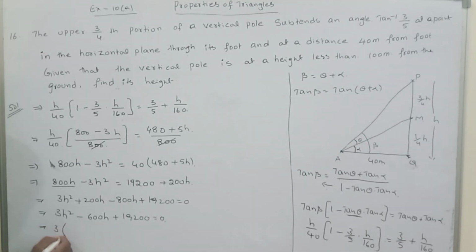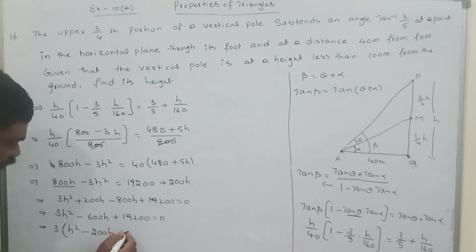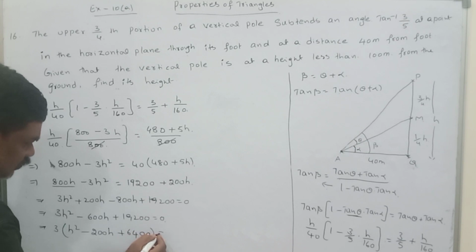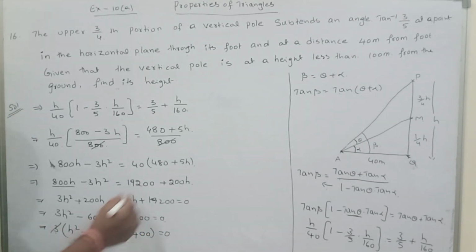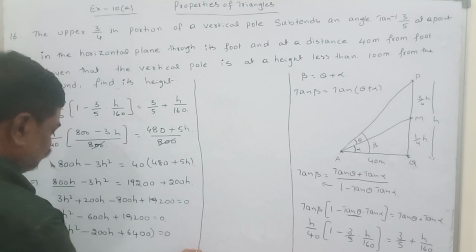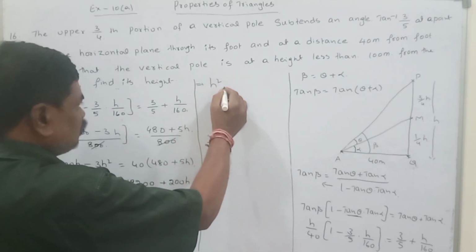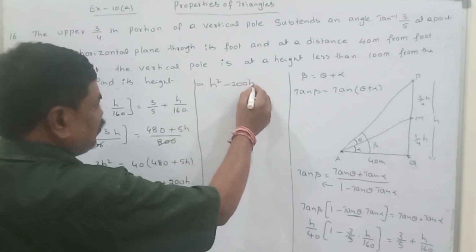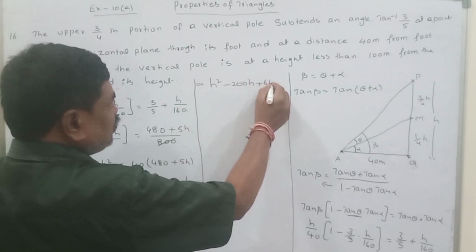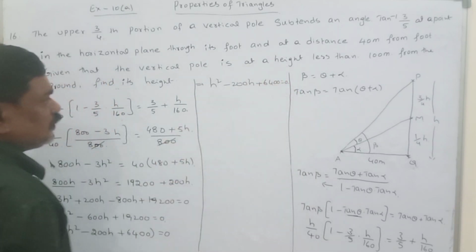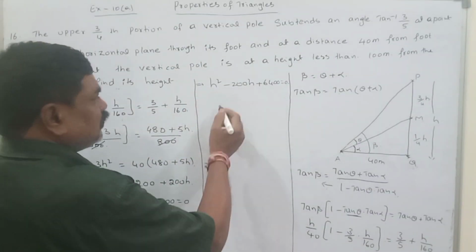Taking 3 common, H square minus 200H plus 6400 equal to 0. The 3 cancels. This is the quadratic equation in H.